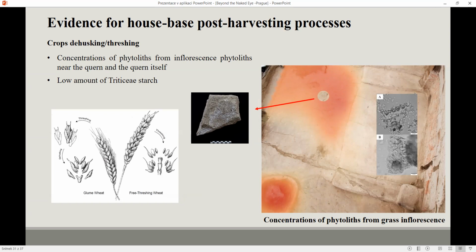We cannot tell for sure, but what the evidence is telling us for sure is that fine grinding was not taking place here, and this artifact was not used, at least at the moment, for making fine flour or something like that. And we can see later the concentration exactly in the hearth, but it's also telling us about the use of crop byproducts for fuel.